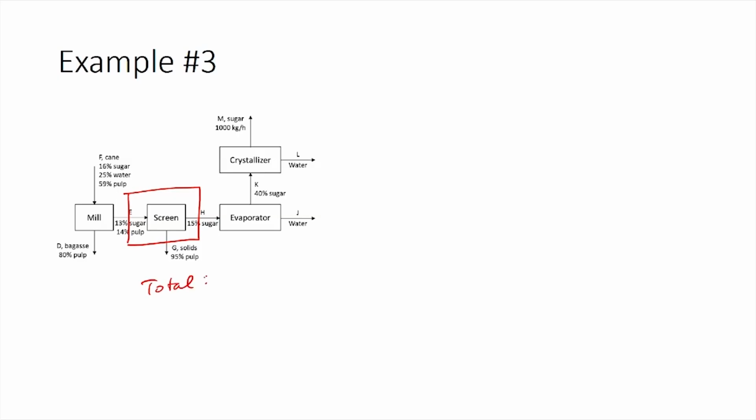The total balance equation for the screen would be E equals G plus H, and then we can write component balances. Here we will first choose pulp as the component balance, because we know the concentration of pulp in the input stream E and the exit stream G. So, this makes it 0.14 times E equals 0.95 times G. As we already know the value for H, we can substitute this equation as G plus 6667.